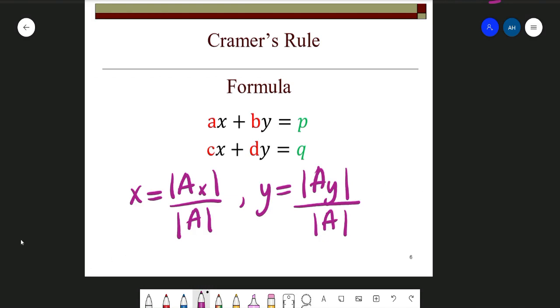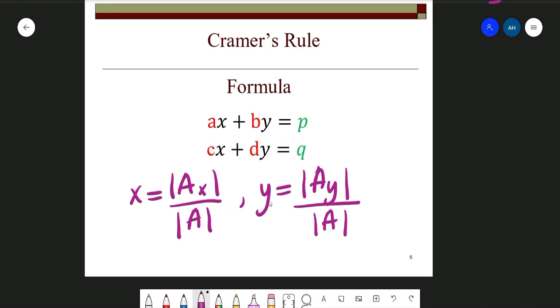You see here, in finding the value for x, we divide by the determinant of A. To find the value for y, we also divide by the determinant of A. The only difference is at the numerator. To find x, the numerator is the determinant of Ax.